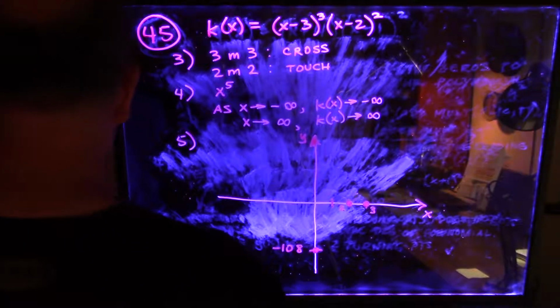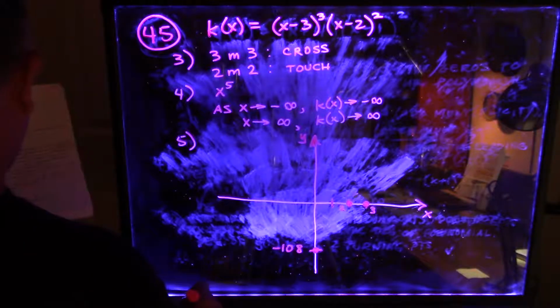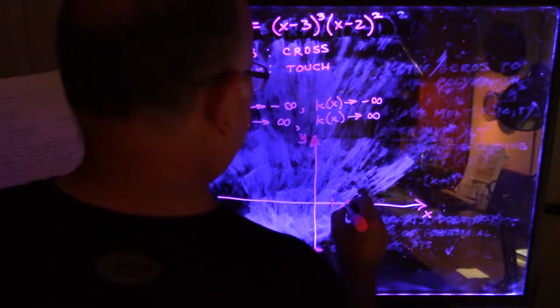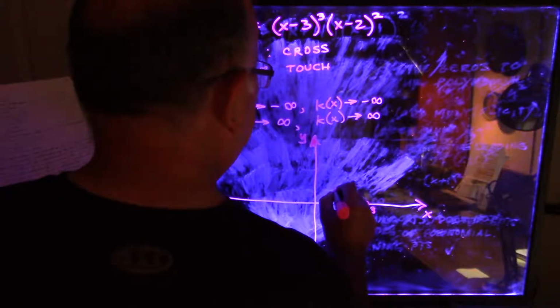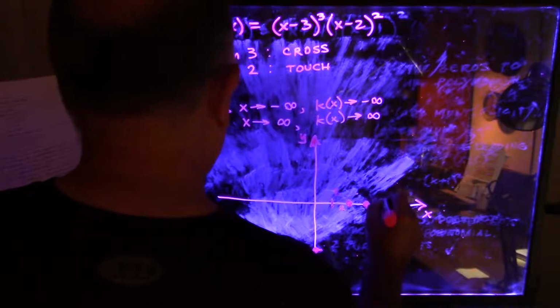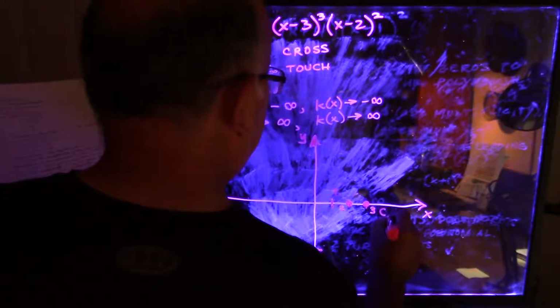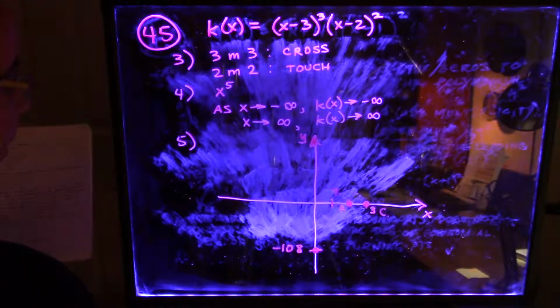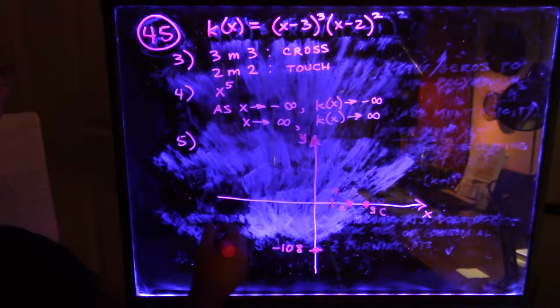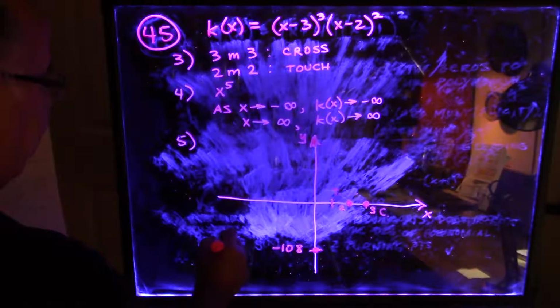Okay. And here, let's see, at 2 it touches. I'll just put a T there. Touch, and here it crosses at 3. I'll put a C there. Alright. And end behavior, as x goes to the left, the graph goes down.